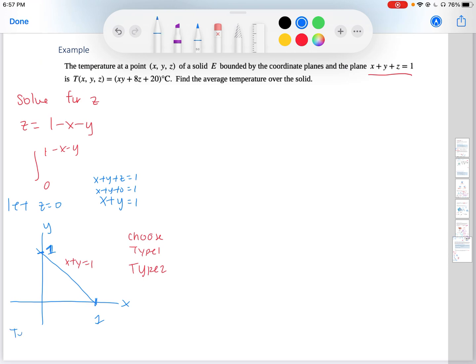I'm going to choose type 2. This means I'm choosing my last integral to be y, and we see that it goes from 0 to 1, with x equals 1 minus y.